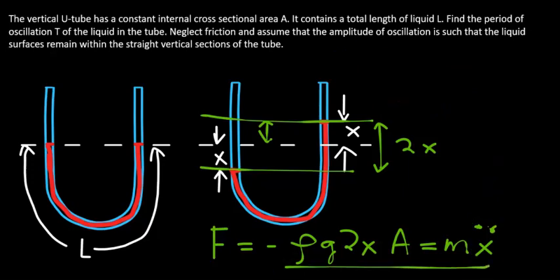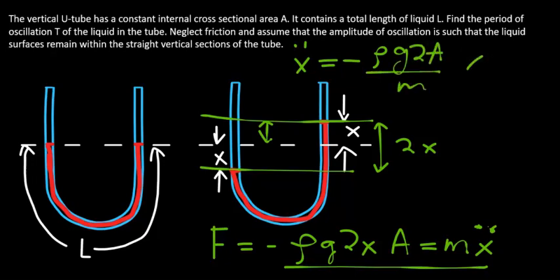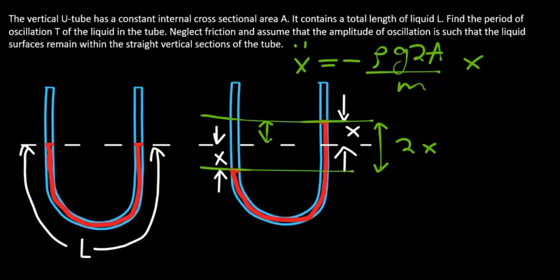Let's rearrange this equation. You have x double dot equals minus rho g 2A over m times x. Obviously, this is in the form of x double dot equals minus omega squared x.